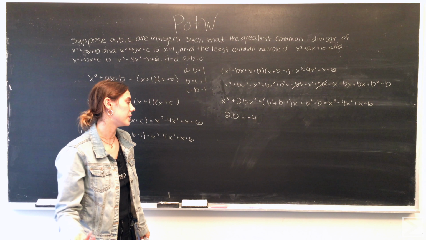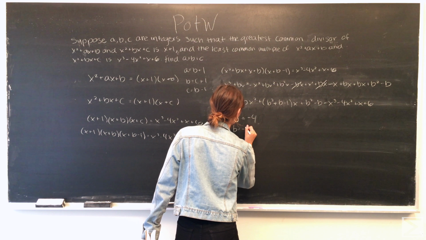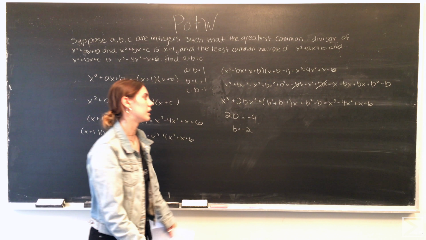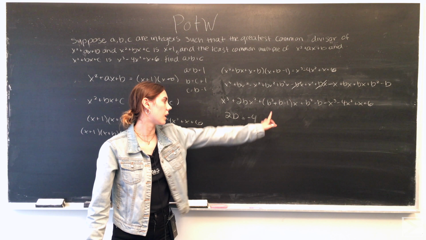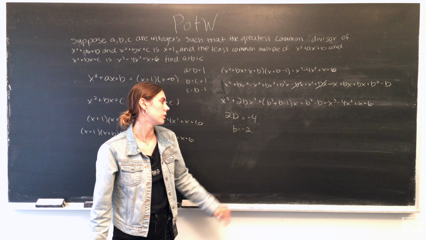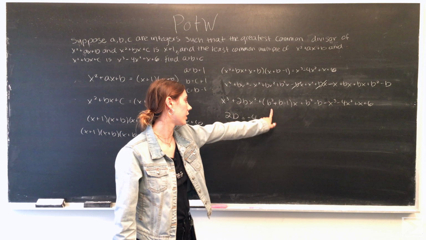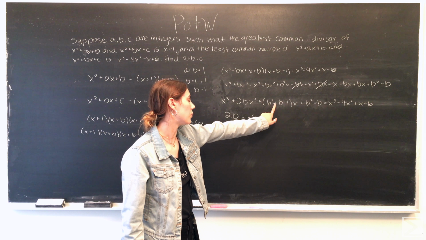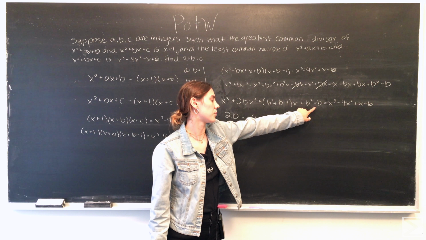So obviously b has to be equal to -2. If you plug in -2 for each of the consecutive terms, you'll notice that it rings true for all of them. Plugging in -2 here, we end up with 1, so 1x. Plugging in -2 here, we end up with 6.